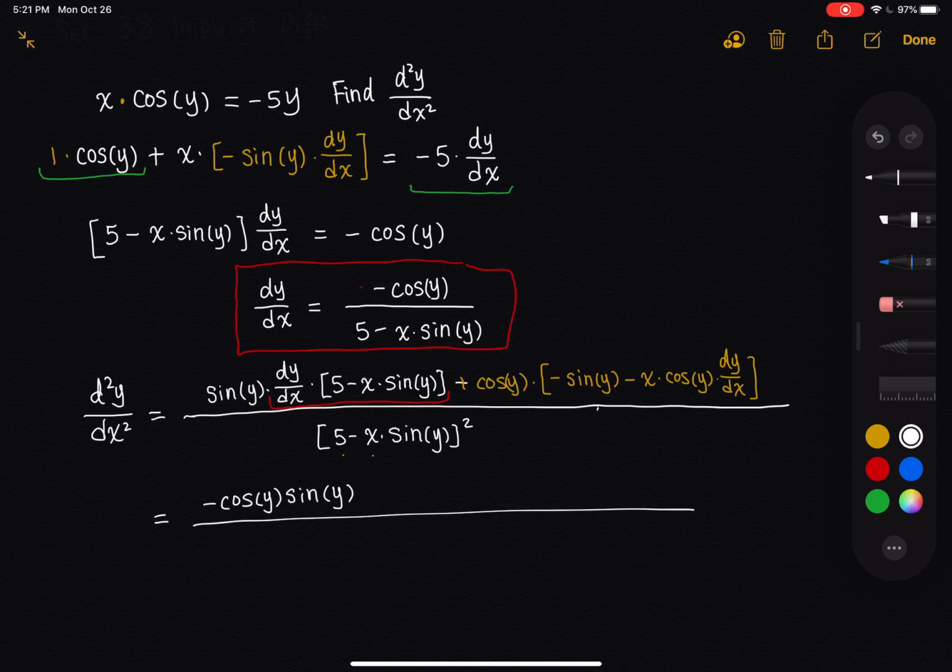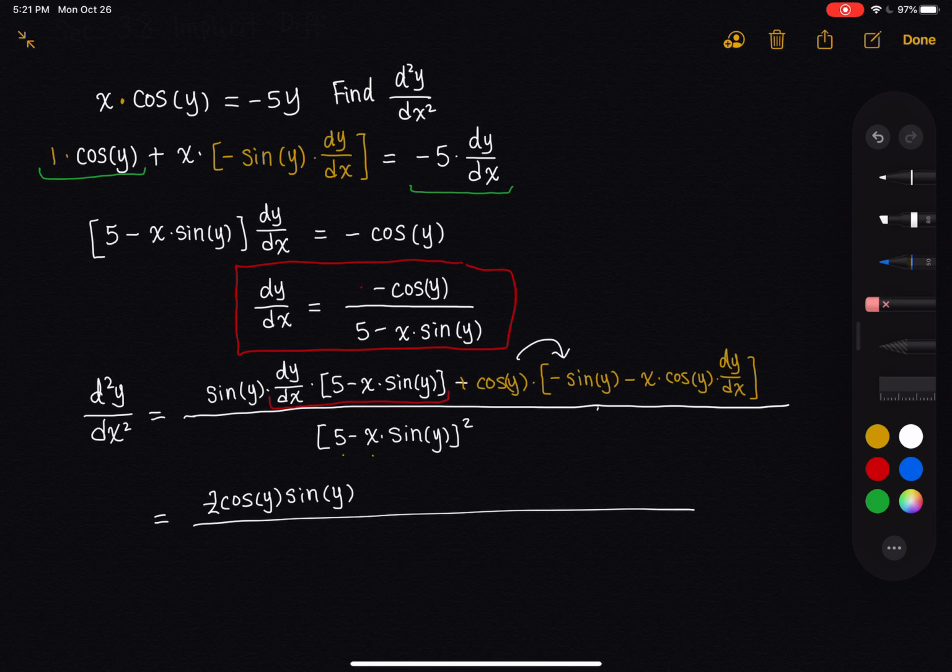Now we distribute the cosine of y, so we get negative cosine of y times sine of y. We can combine it with the first one, so it is negative twice cosine of y times sine of y.